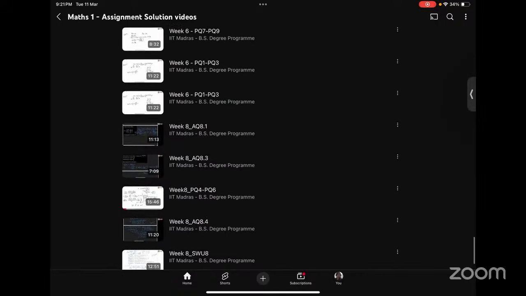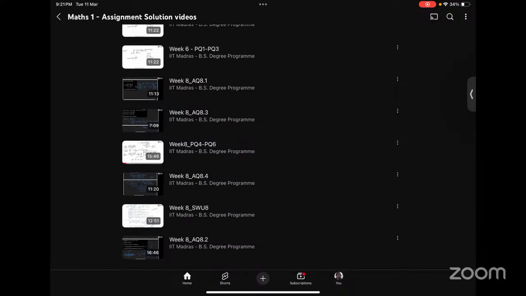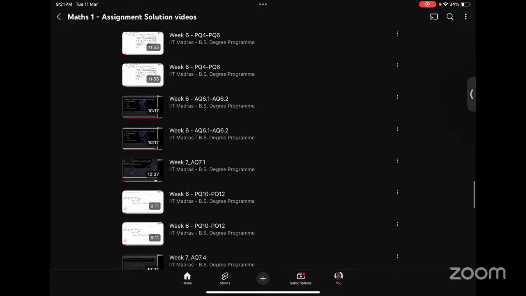Is this for the current term or the previous term? The activity questions, practice assignment and solve with us are almost the same for all the sessions. Can you guide me how to get to the solutions?